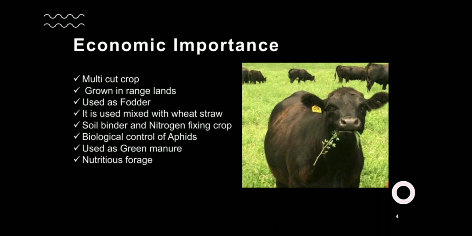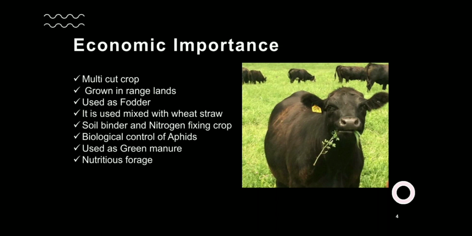It is used as a fodder, supplying highly palatable and nutritive pasture and hay. If fed alone in excess amount, it causes indigestion in cattle, so it should be chopped and mixed with the wheat straw.